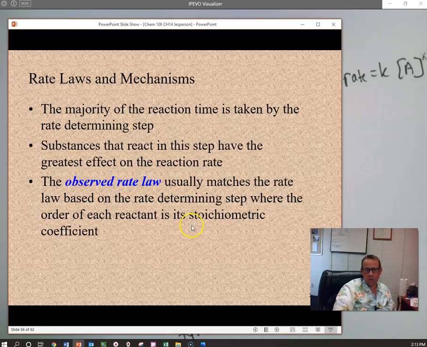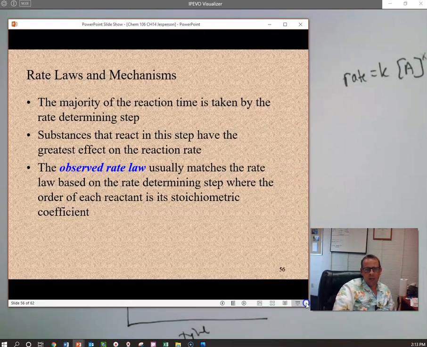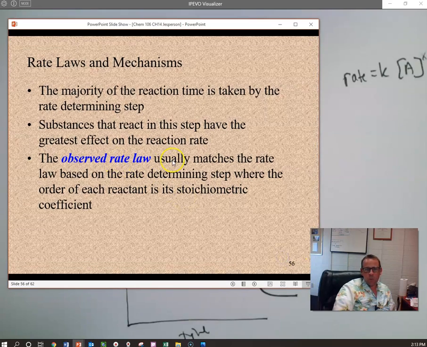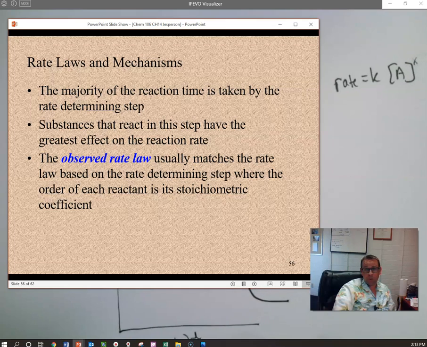That's what rate law means. And the observed rate law will usually match the rate determining step, which means it will usually match the slow step. That's because the step that governs the rate, whatever process is necessary for that step, that's the one whose concentration will influence that specific step.